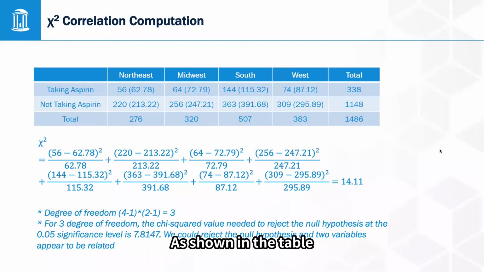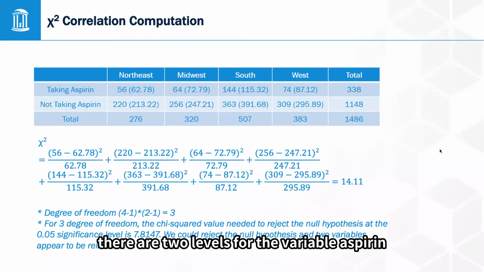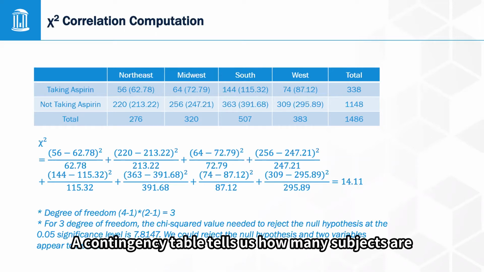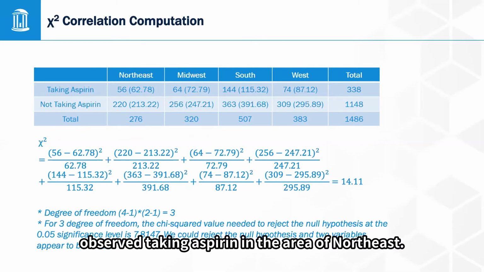As shown in the table, called a contingency table, in the slide, there are two levels for the variable aspirin taking and four levels for the variable geographic areas. The contingency table tells us how many subjects are in each category. For example, in the top left corner, we see there are 56 people observed taking aspirin in the area of Northeast.